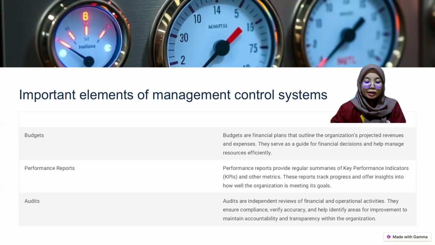These reports track progress and offer insight into how well the organization is meeting its goals. And the next is audits. Audits are independent reviews of financial and operational activities. They ensure compliance, verify accuracy, and help identify areas for improvement to maintain accountability and transparency within the organization.